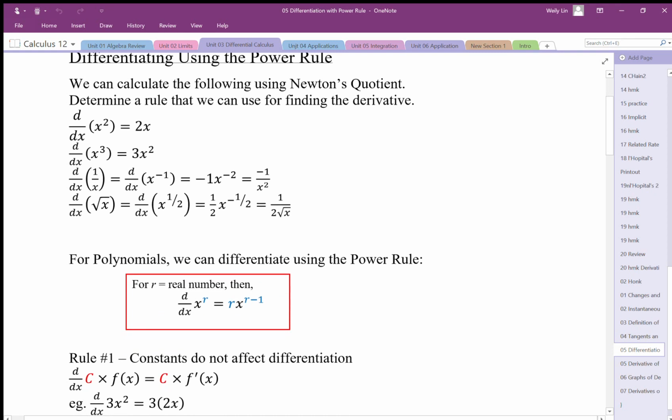For example, the change in the power pi, which is not rational or an integer: we could say x to the power pi differentiates to pi x to the power pi minus 1. So it doesn't matter that it is an irrational number. This power rule still does work.